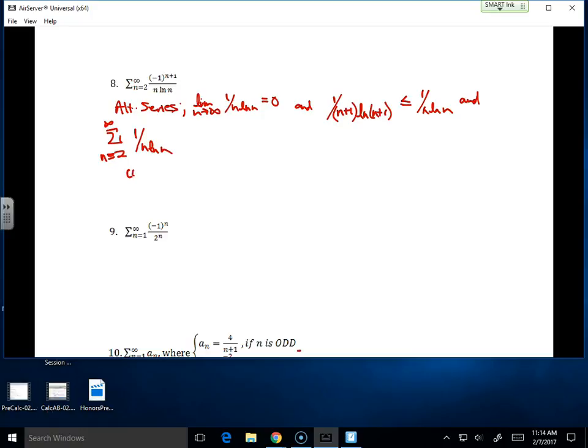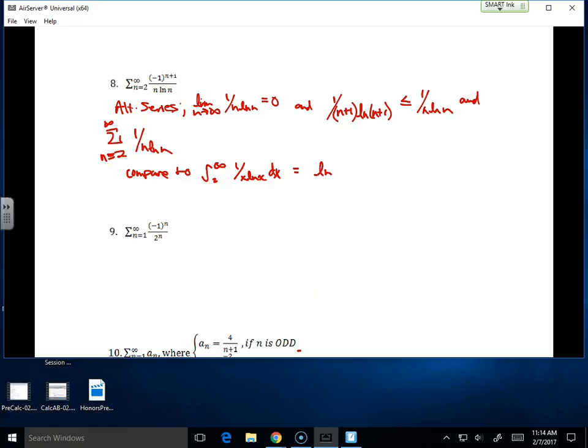It's 1 over ln of b minus 1 over ln of 2, right? Say it again. u is equal to ln of x, right? And then du is 1 over x dx, so I have u to the negative 1, or 1 over u, which would be ln of u.